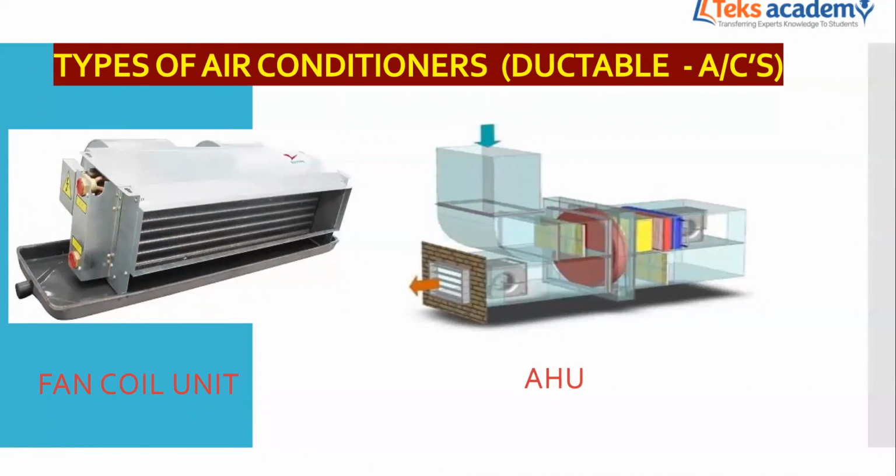Whereas in ductable ACs, we get fresh air all the time. The fresh air is stored at the AHU at the top, and from there the complete filtration happens and the fresh air is passed and provided to your respective rooms. This is very expensive, but less electricity is consumed.